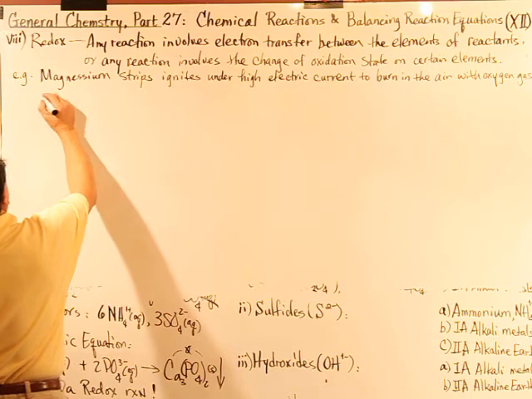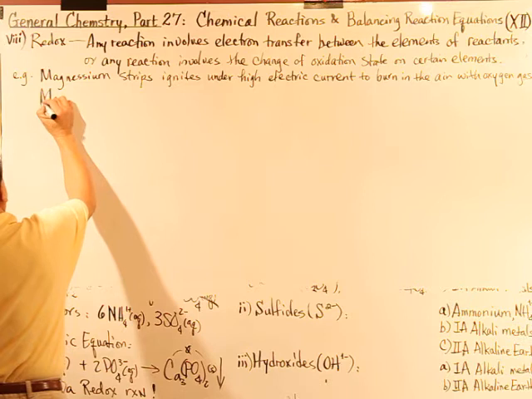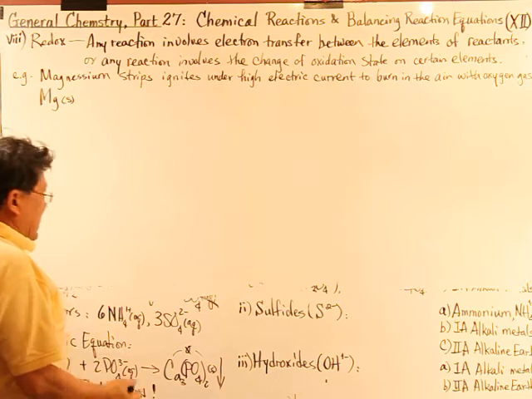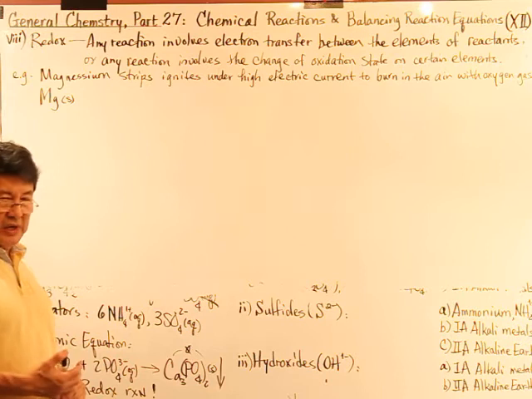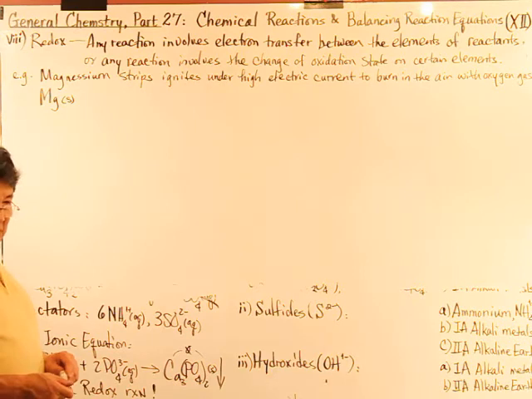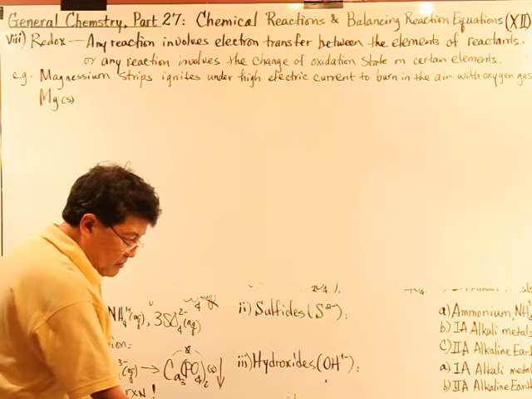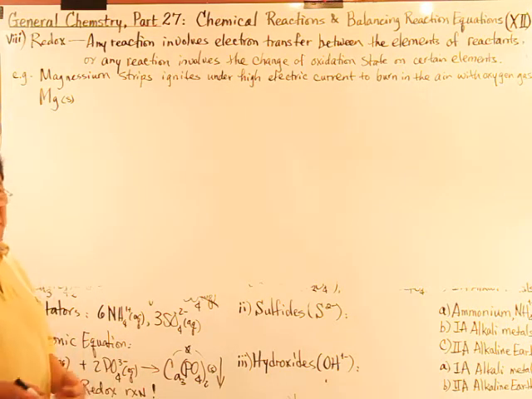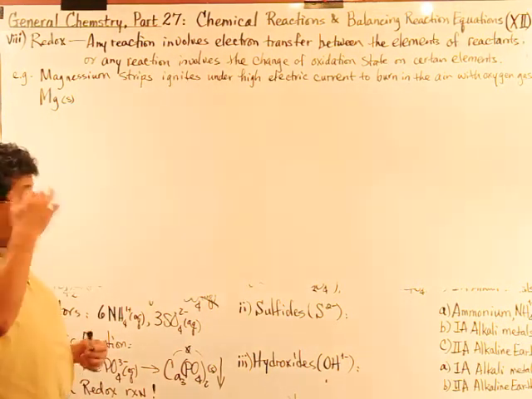So we have magnesium, Mg. Now as we learned, magnesium metal is solid, and we also mentioned in the past, if elemental species, for instance metal or non-metal, their oxidation states are considered zero, even if they form diatomic, triatomic, or polyatomic molecules like hydrogen gas H2 or chlorine gas Cl2.